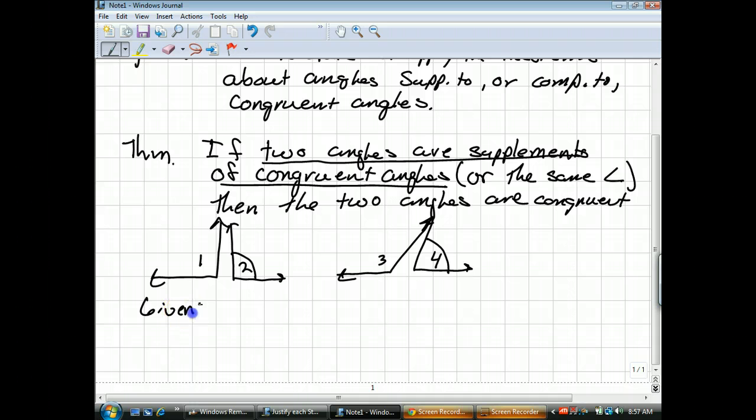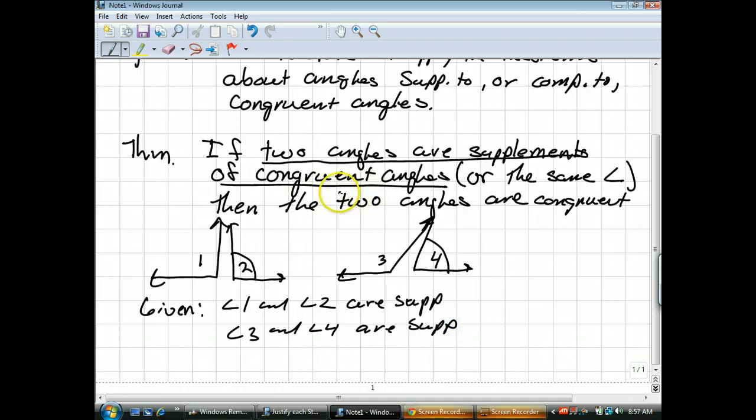So given in terms of our picture is angle 1 and angle 2 are supplements, and angle 3 and angle 4 are supplementary. And they're supplements of congruent angles, so in our picture, angle 2 is congruent to angle 4. And what we want to prove is that angle 1 is congruent to angle 3.